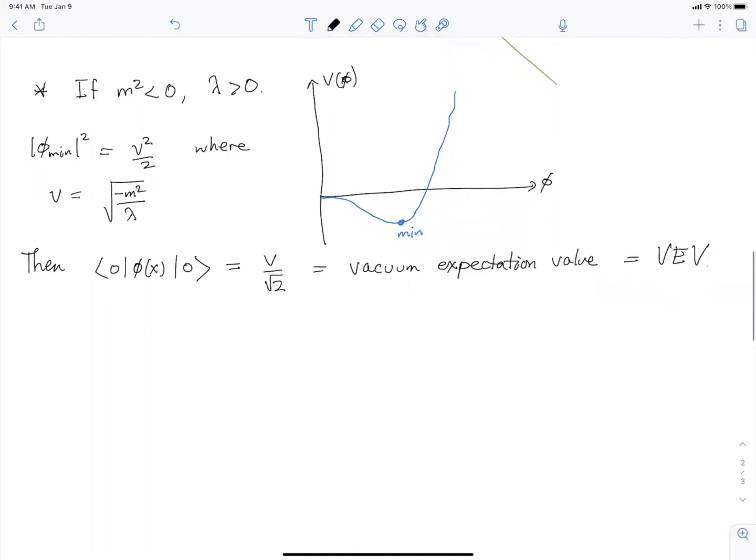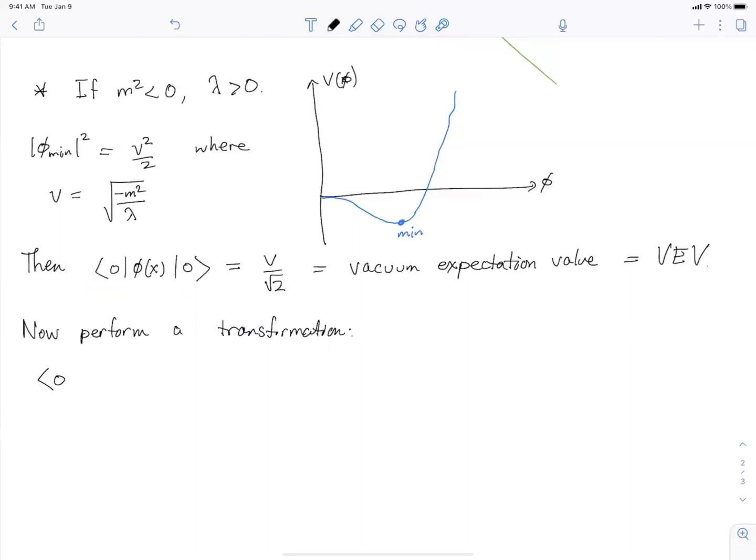So the reason this is referred to as spontaneous symmetry breaking is, let's say you take this matrix element, this expectation value, and now perform a U(1) transformation, our symmetry transformation. How does it behave?